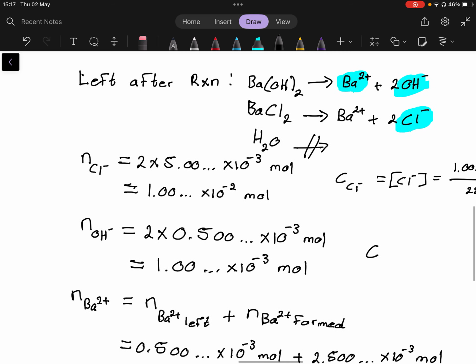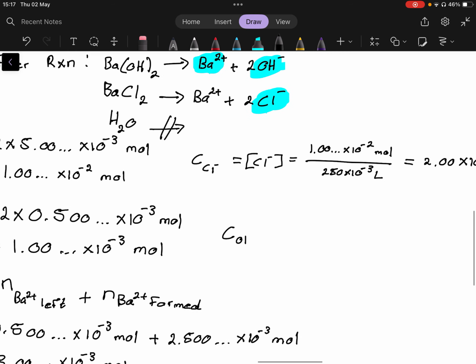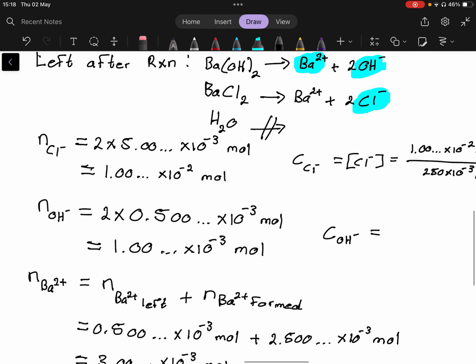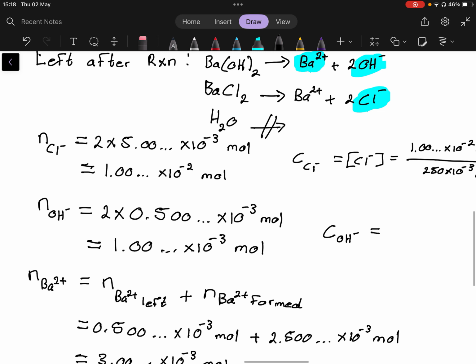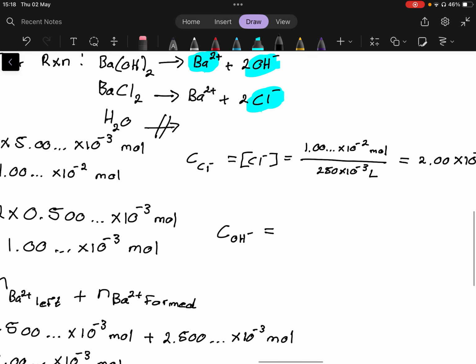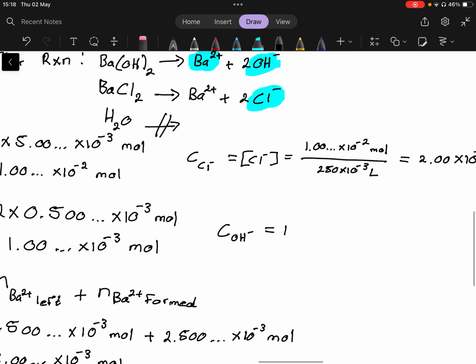The concentration of hydroxide is then going to be our 1.3, so we cancelled that, over 250, which is equal to 4.00 times 10 to the negative 3 molar.